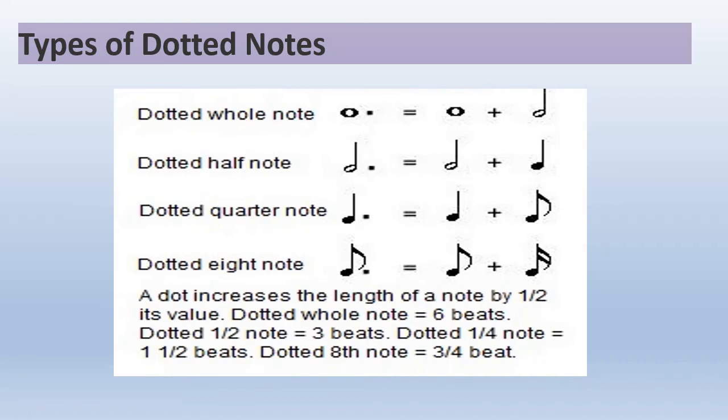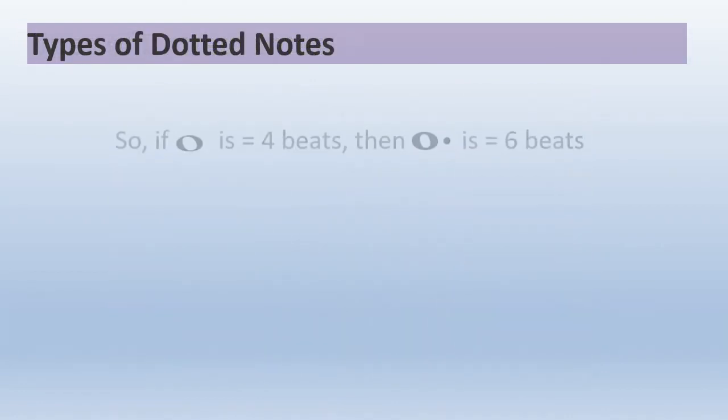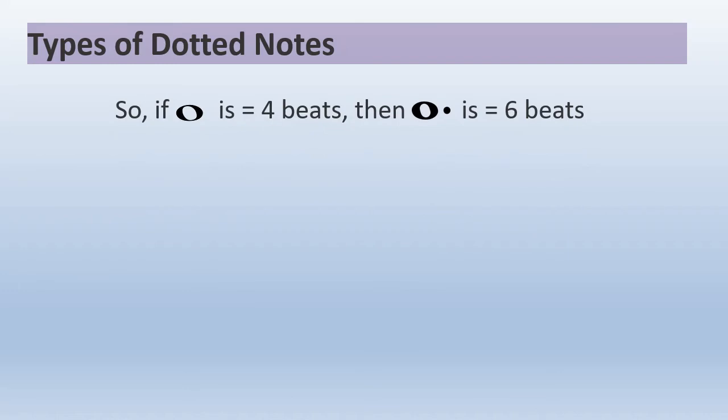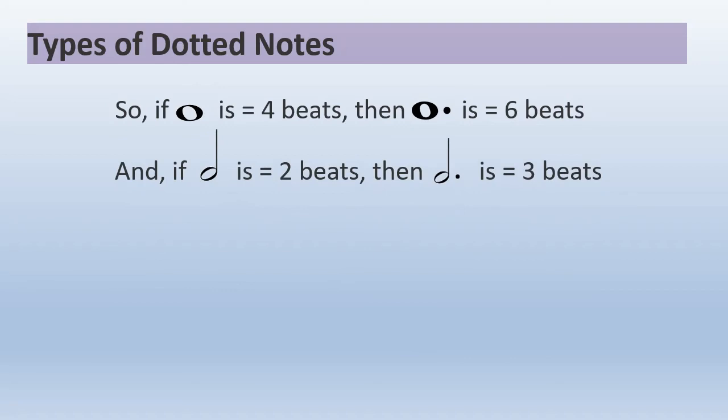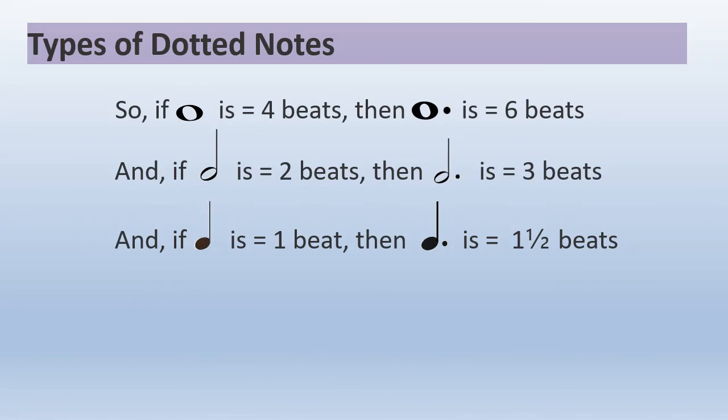So we have something like this. If the whole note is 4 beats, then the dotted whole note is 6 beats. And if the half note is 2 beats, then the dotted half note is 3 beats. And if the quarter note is 1 beat, then a dotted quarter note is 1.5 beats.